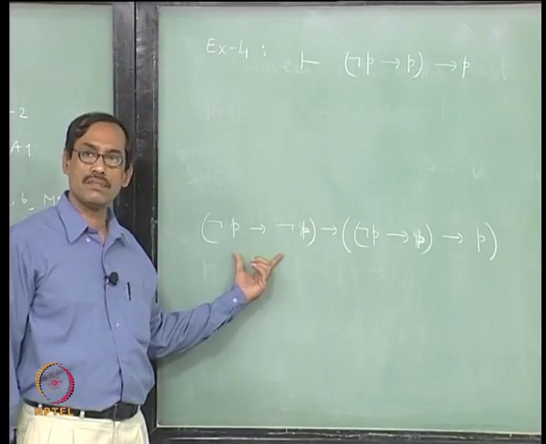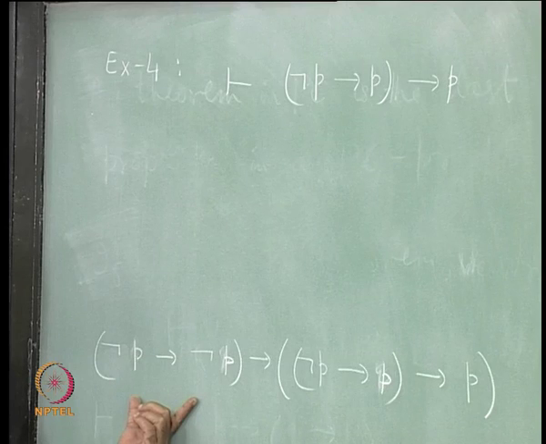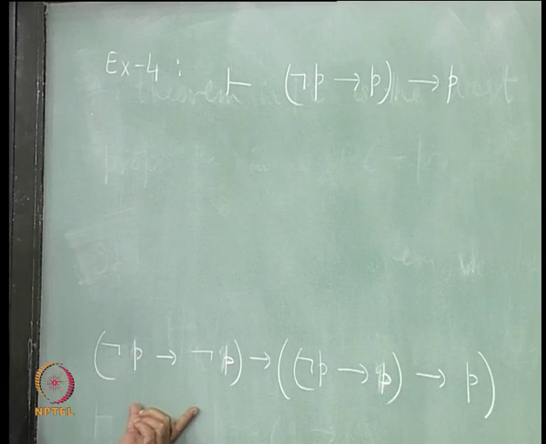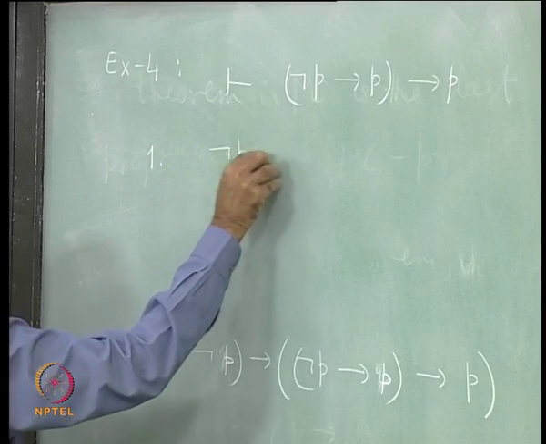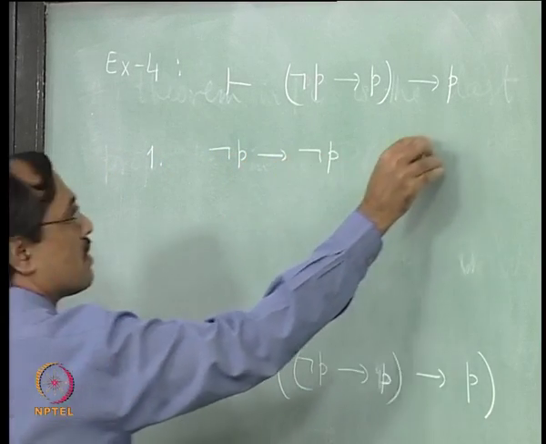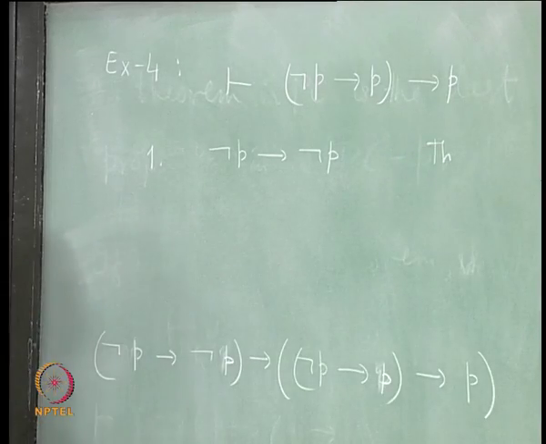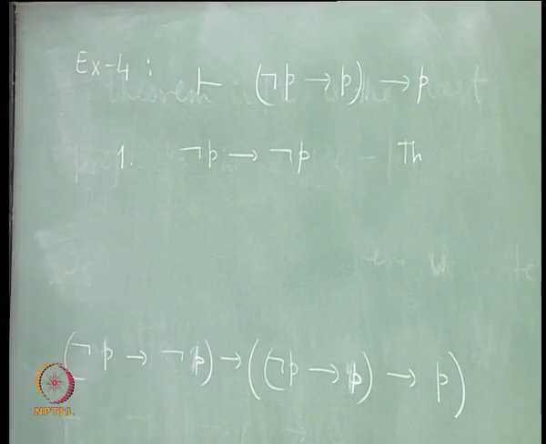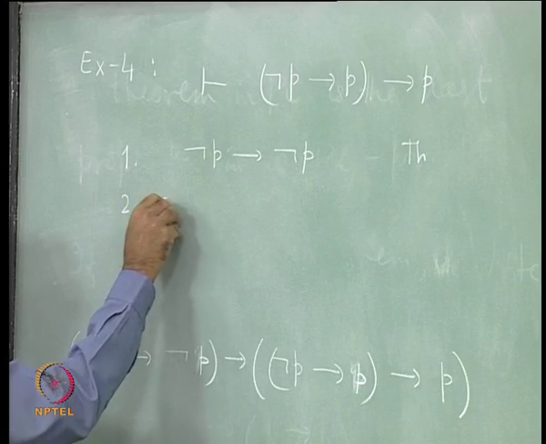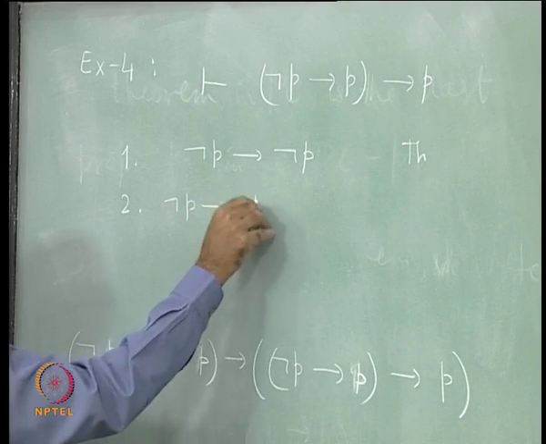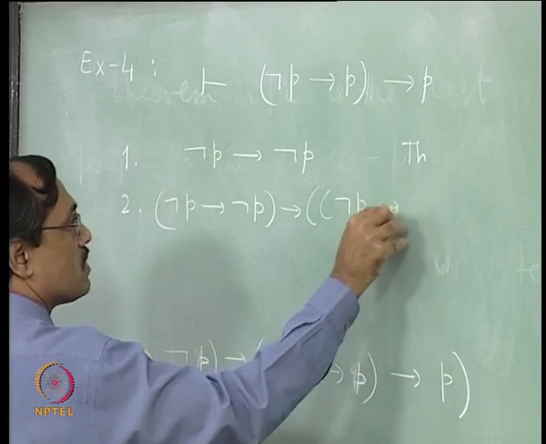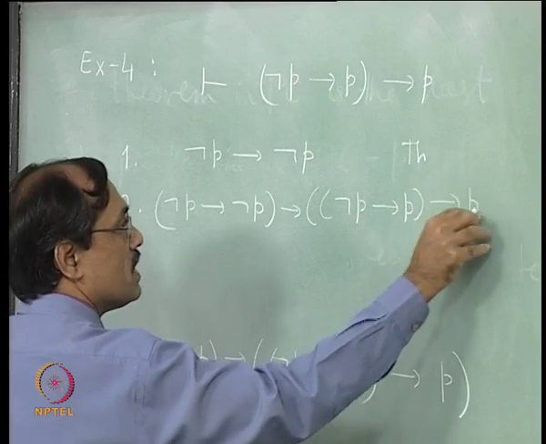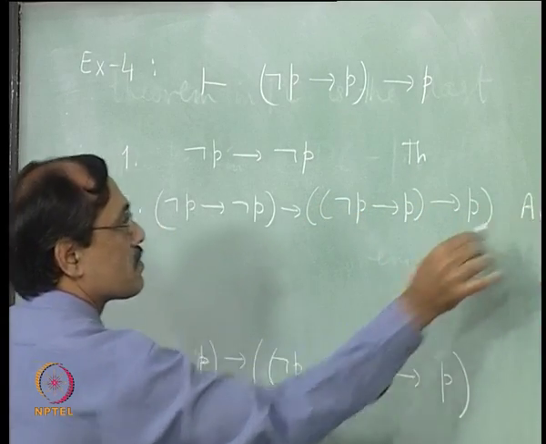Now, use this as a theorem, the job is done. Yes, that we have proved already. So, we will be starting with the theorem not P implies not P. Okay. Next, not P implies not P implies not P implies P implies P, axiom 3.